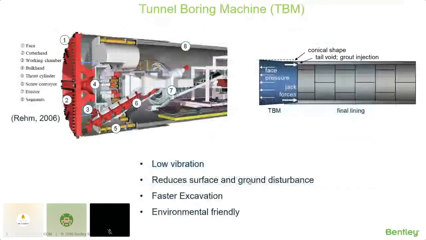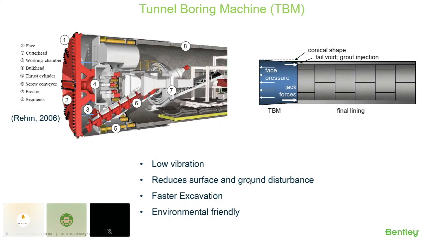Now here on your left, you can see a picture of a TBM and its components. A TBM is a large, advanced, sophisticated machine that is used for tunnel excavation, and it consists of a rotating cutting wheel. The diameter of this cutter head can vary from a few meters, and the largest one used was 17.4 meters in China.